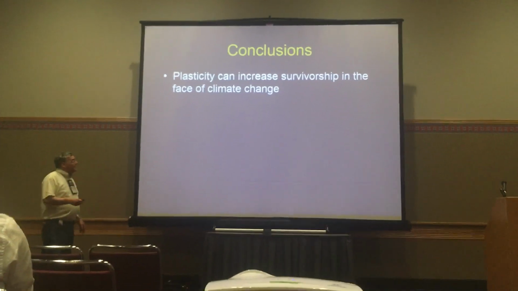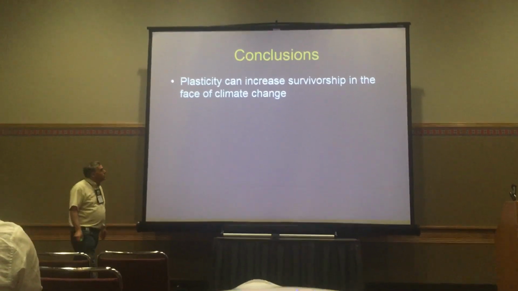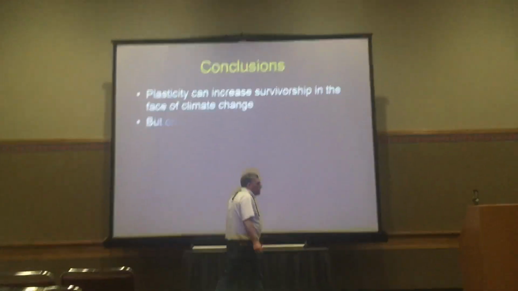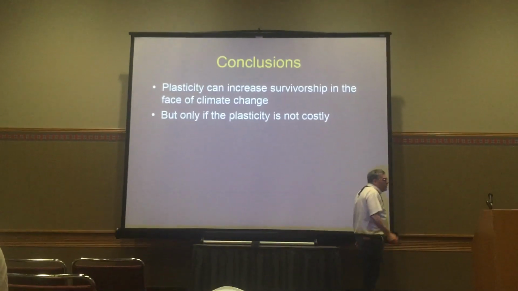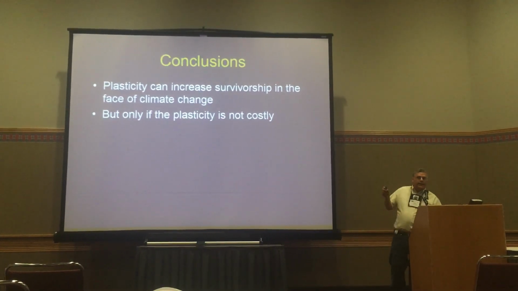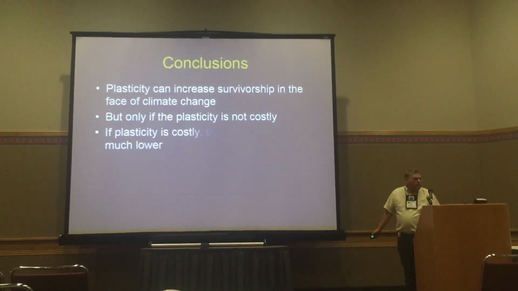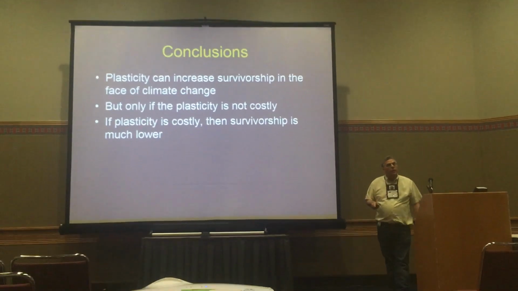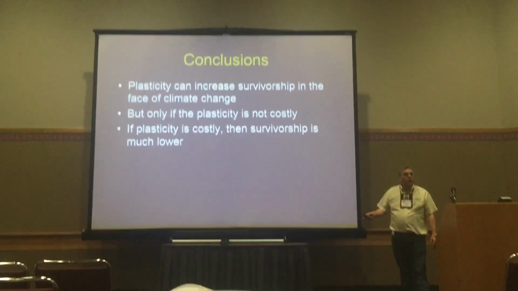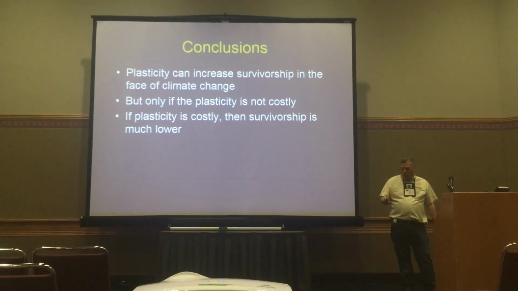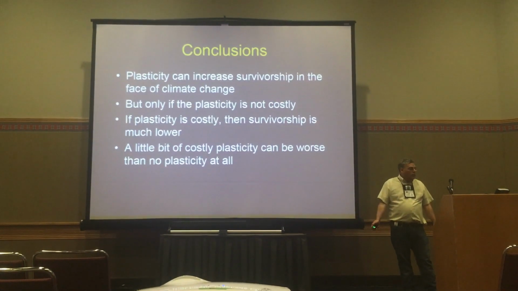So plasticity can increase survivorship in the face of climatic change, but only if the plasticity is not costly. If plasticity is costly, then survivorship and that evolutionary response can actually be much lower than when there's no plasticity at all.